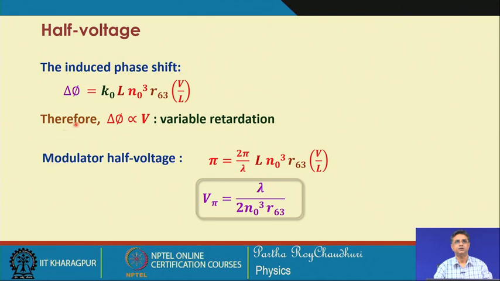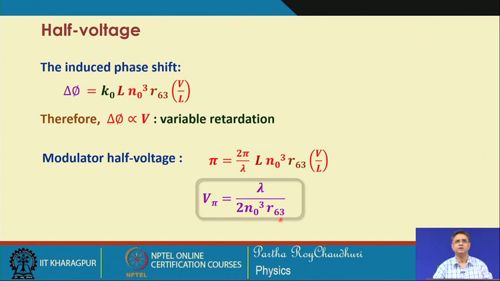voltage. In this case, this is again the modulator half voltage, which is a very important parameter that defines the quality of the electro-optic material. So, half voltage in this case we can find by setting this phase shift equal to pi, and this pi cancels, L also cancels, we get the half voltage expression lambda by twice n 0 cube r 63.